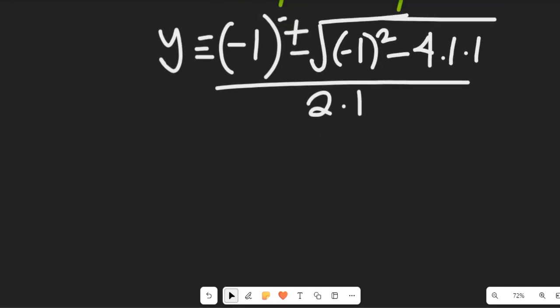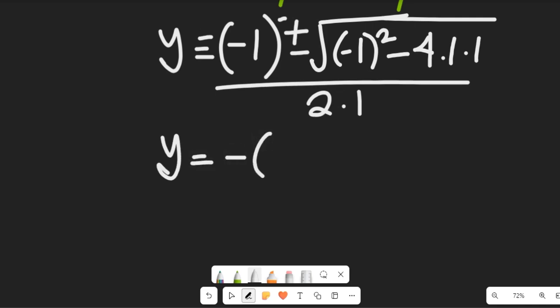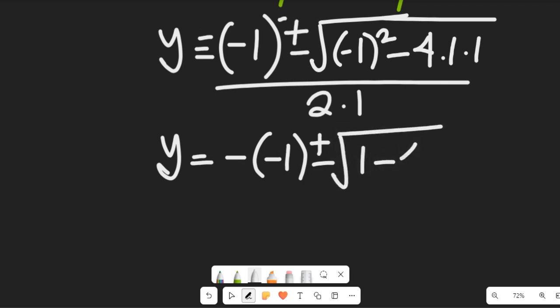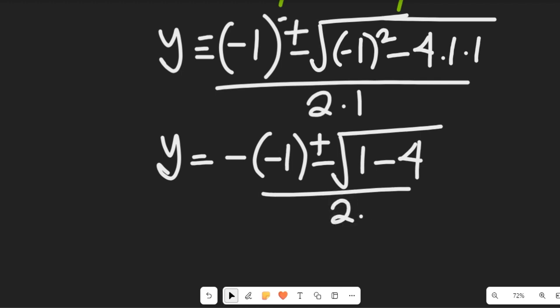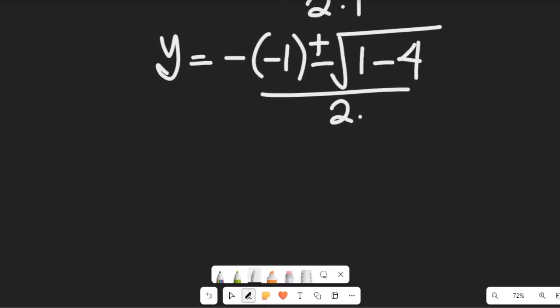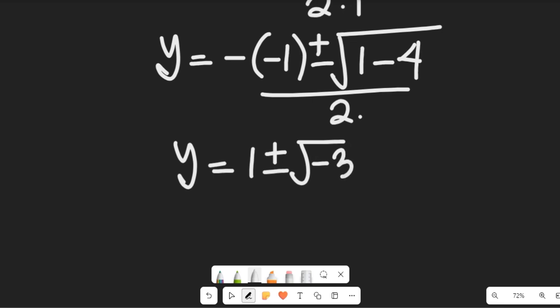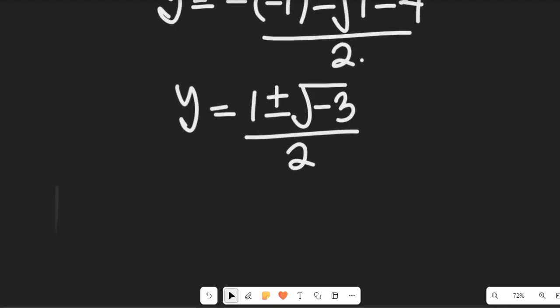So what do we have? We have our y to be equal to negative multiplied by negative 1 plus or minus square root of 1 minus 4 all divided by 2. So what do we have here? We'll have our y to be equal to 1 plus or minus square root of negative 3 divided by 2. So that is the solution to the fourth value of y.